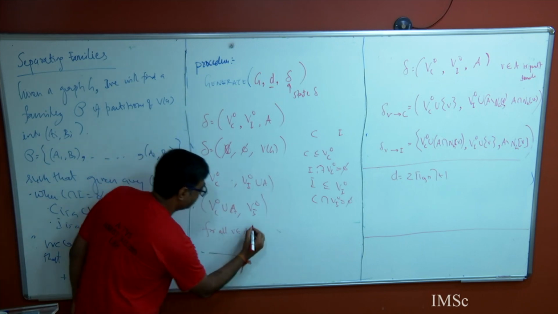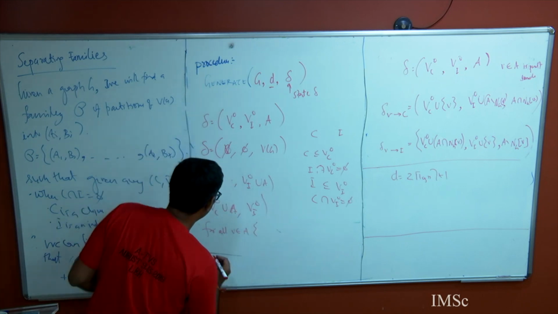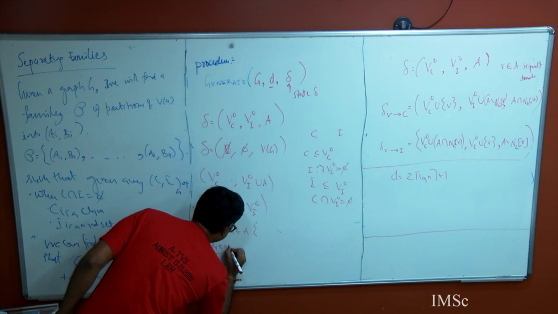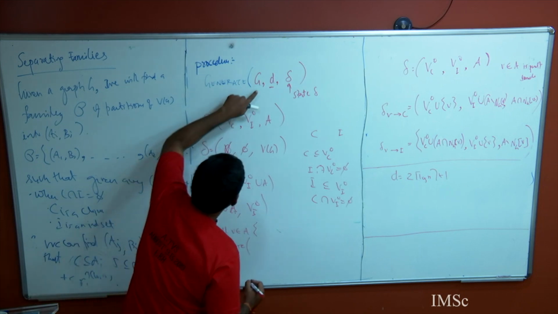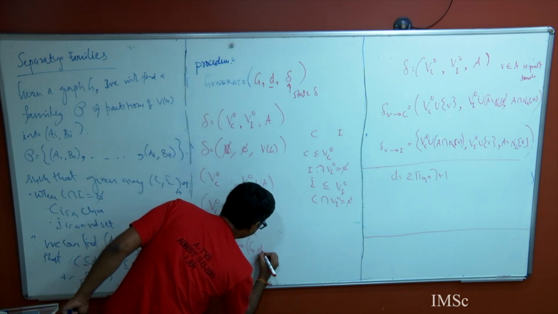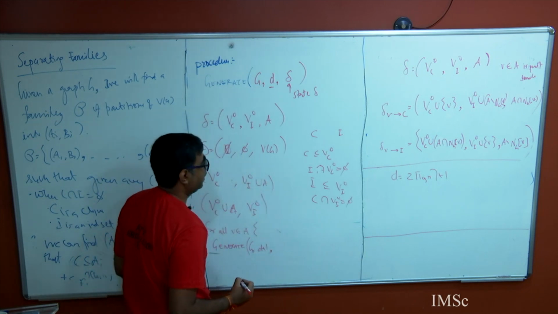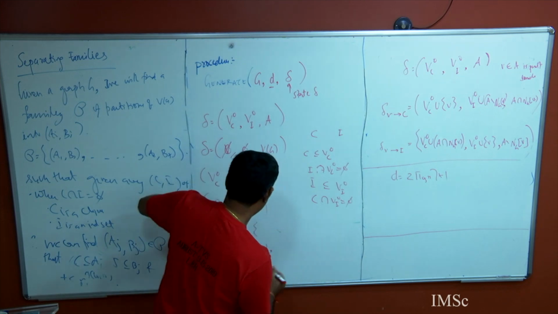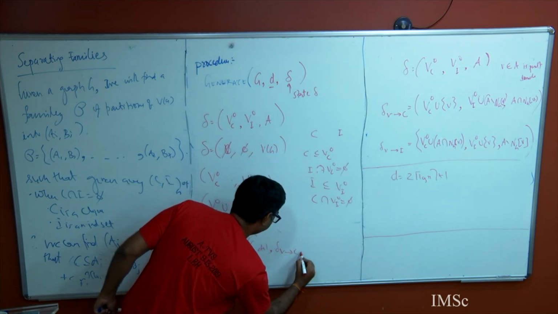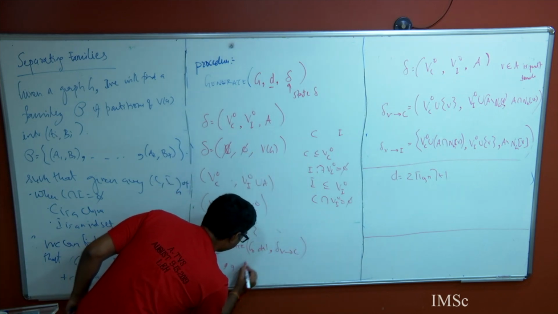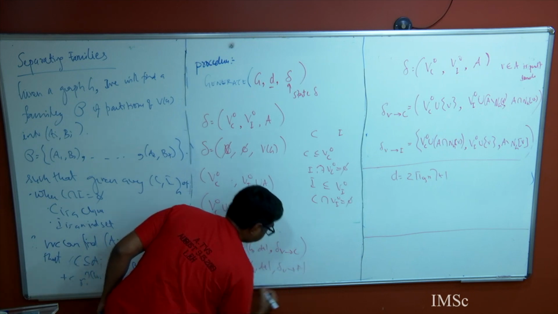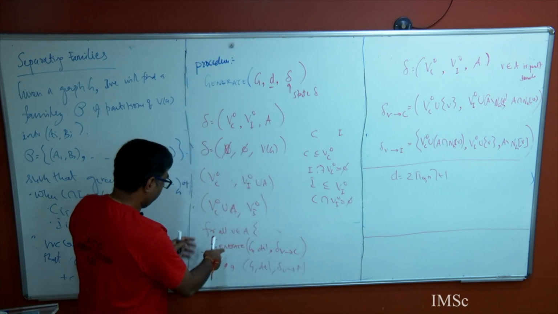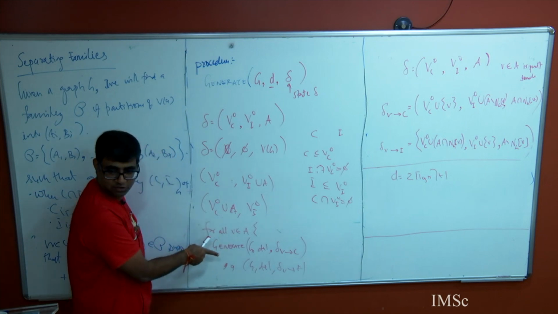For all V in A, I generate G D plus 1, delta V goes to C, and then the same, G D plus 1, delta V goes to I.